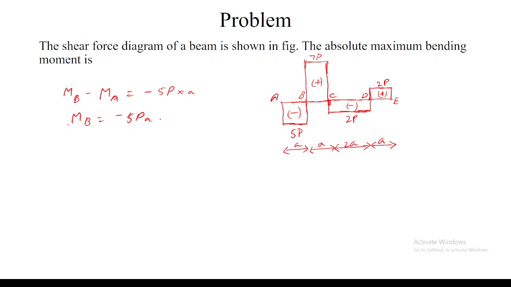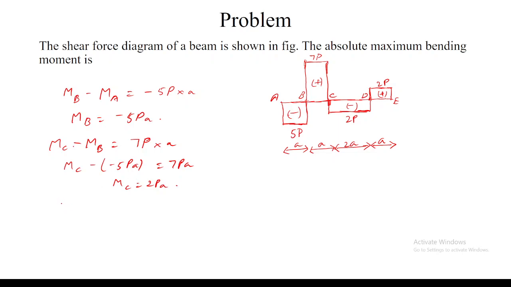So what is the bending moment at C then? 2P, I think. MC minus MB equals 7P into A. MC is the unknown and MB is minus 5PA, so MC equals 2PA.